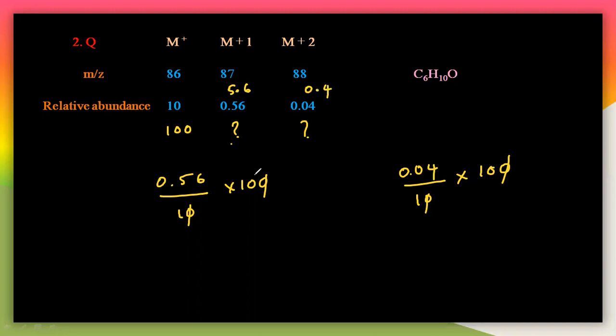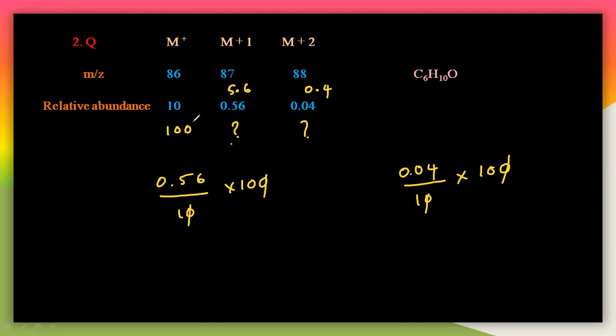So like this, you are getting a particular value. See here now. So you will get the particular values, that is 5.6 and 0.4 here.